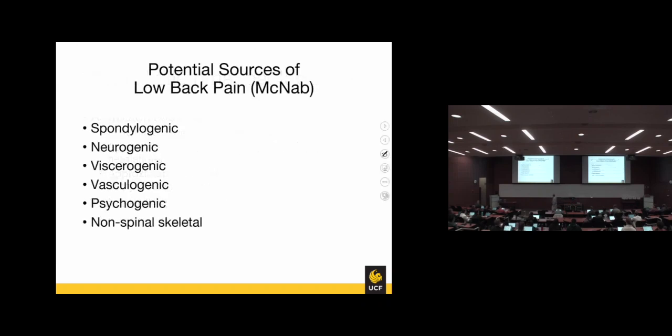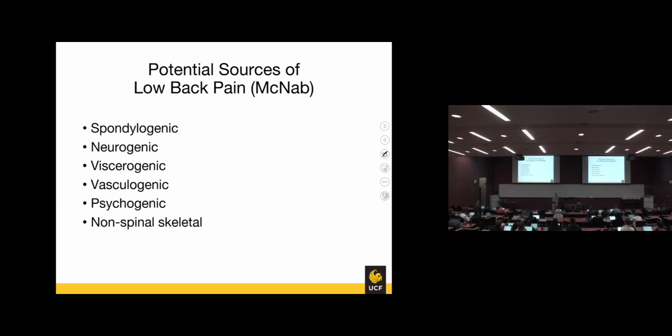All right, so what are the potential sources? There, of course, is the spine. That's the spondylogenic, okay? They can be neurogenic, so you can have a nerve sheath tumor or other kinds of tumors that are on the spinal cord or in the nerve roots or in the lumbar spine that can give you back pain. Viscerogenic, that's your pancreatitis, things like that, your nephrolithiasis, you know, kidney stones, those sort of things.